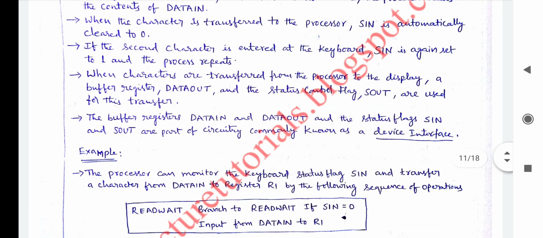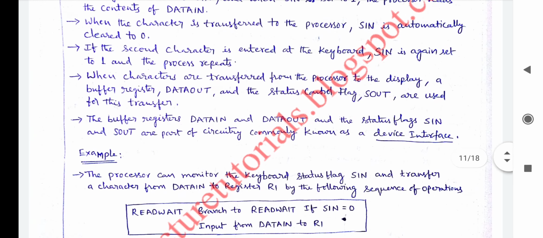When the character is transmitted to the processor, S in is automatically cleared to 0, meaning it is converted from 1 to 0. If the second character is entered at the keyboard, S in is again set to 1.